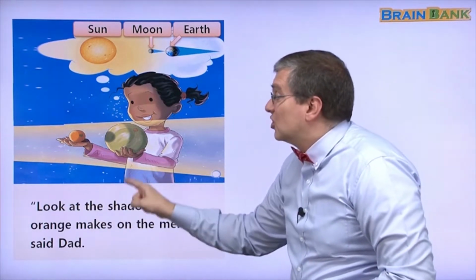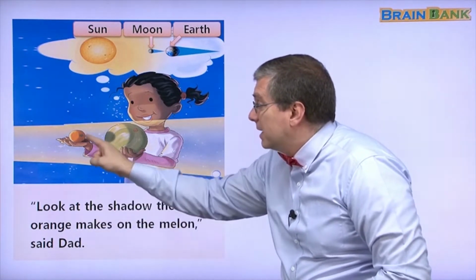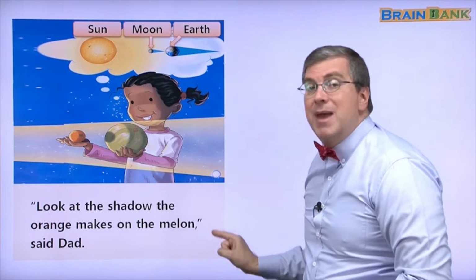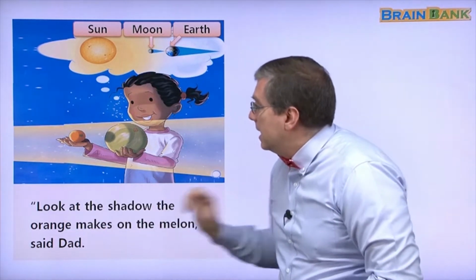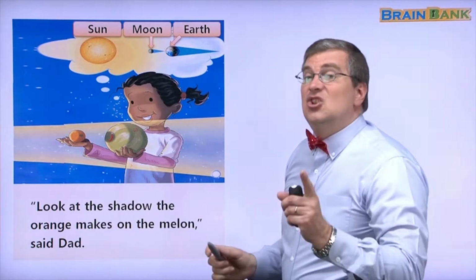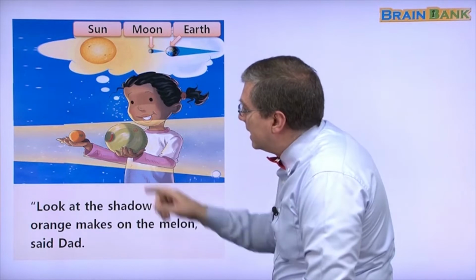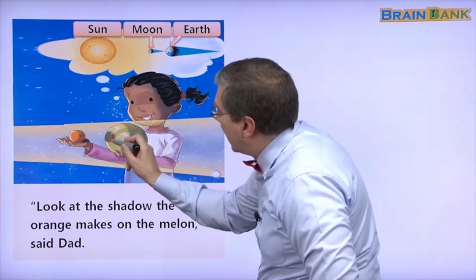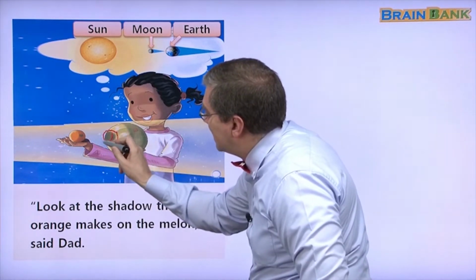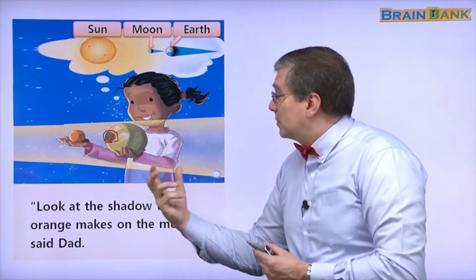"Look at the shadow the orange makes on the melon," said Dad. So look at the shadow. We can see the shadow. Here is the shadow. We can see that. So that is the eclipse, right?